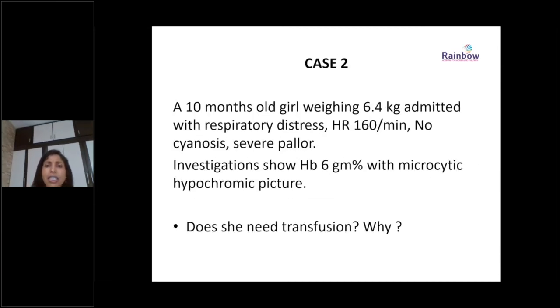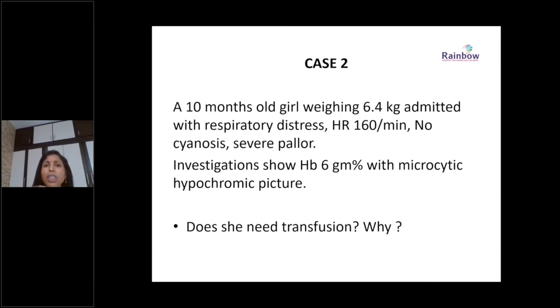In this case scenario, it depends on when we are looking at the child. If you are looking at the child at the beginning of the illness, where significant distress is there, on oxygen, with severe tachycardia and pallor, and the child already has failure to thrive, then yes.